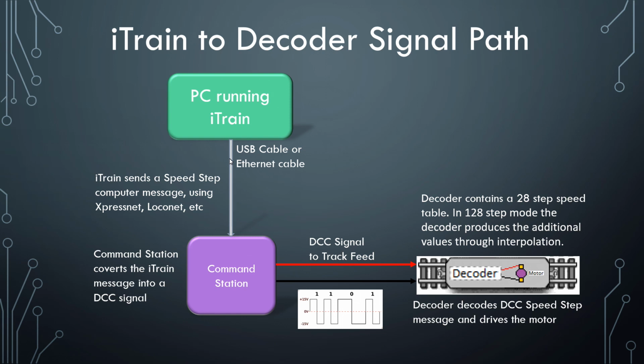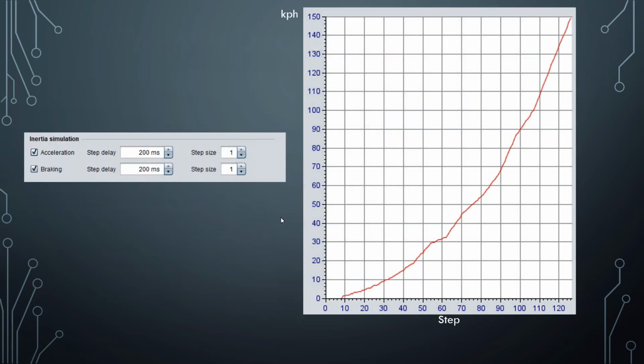So again, let's try and illustrate that. Here we have a speed profile of a loco fitted with a 128-step decoder. You can see by the notches down here that there's a lot more steps. In fact, there's between 4 to 5 times more steps than a 28-step decoder. We've got a 200 millisecond step delay and a step size of 1.